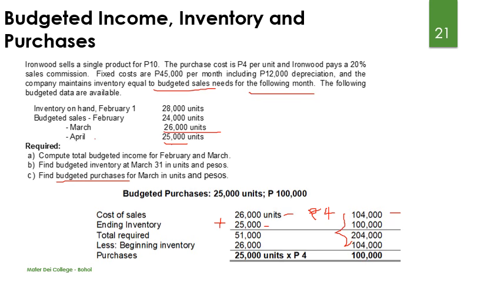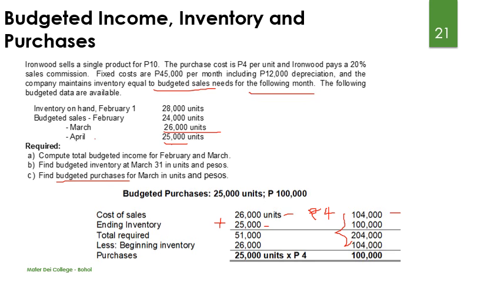And then beginning inventory. So the beginning inventory for this month is the ending inventory of last month. Remember that in computing our ending inventory, we'll look at the next month's sales. So the next month's sales, if we're talking about February, that's March sales. So therefore, the ending inventory in February is 26,000, and we carry over the ending inventory to March.